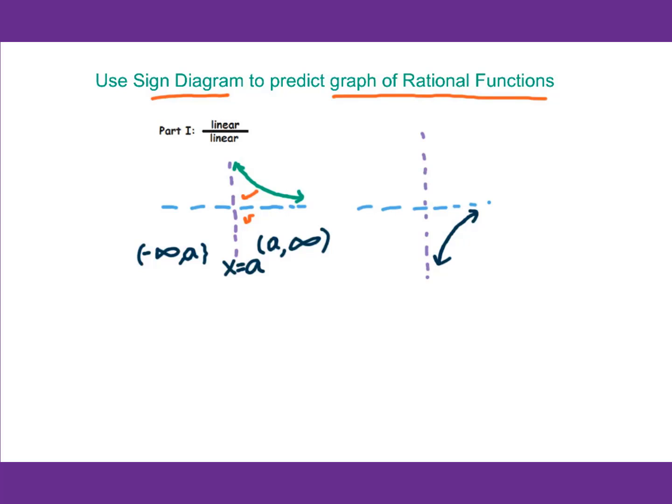For the green one, the other part will be like this, very close but never touching. For the black one, the other part will be like this. Therefore, if it's a linear over linear pattern, you have two choices, either like this one or like this one.